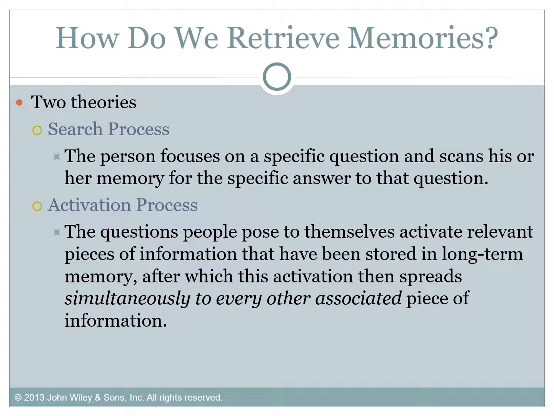So that gives that whole information web all at once. And then you have to decide which parts of that information web are relevant for you to pull up and actually use in your working memory. And we do this very, very quickly. So that is the activation process, where you pull up all of the information related to a memory trigger or a memory key, rather than searching each file individually.